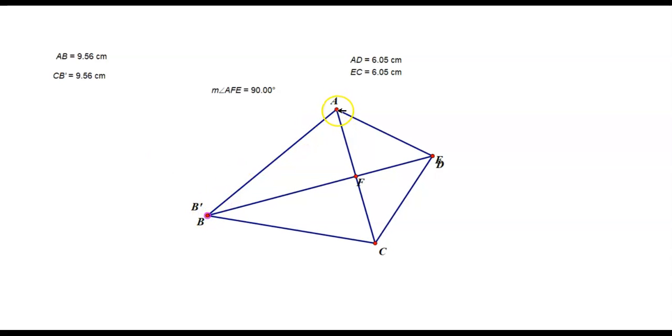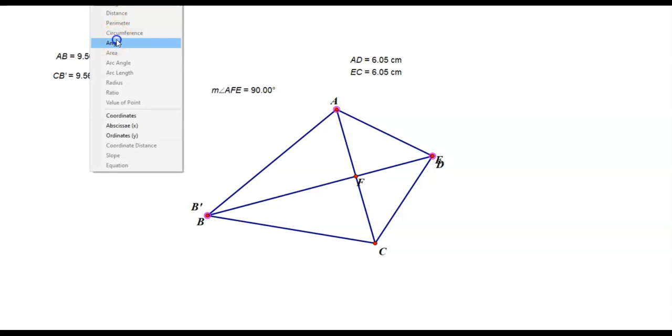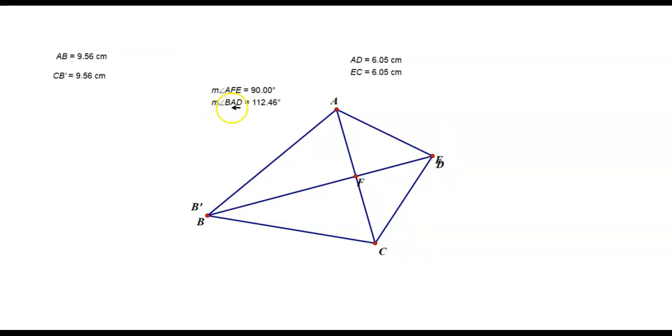I'm going to measure angle BAD, and then I'm going to measure the angle at C, angle BCD. Ta-da, those are exactly the same. So this angle here and this angle here are congruent.